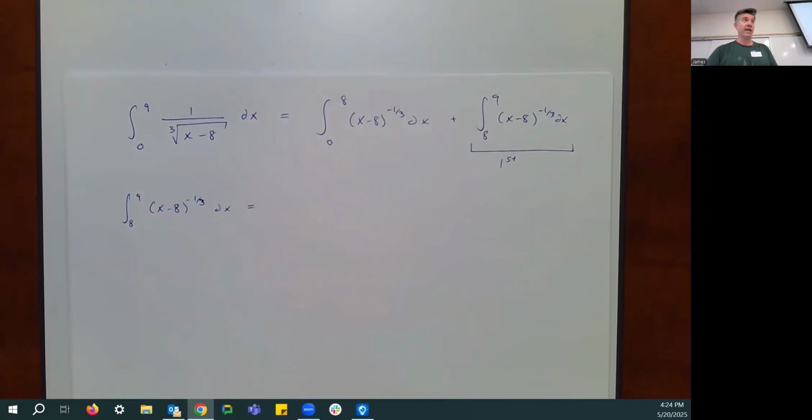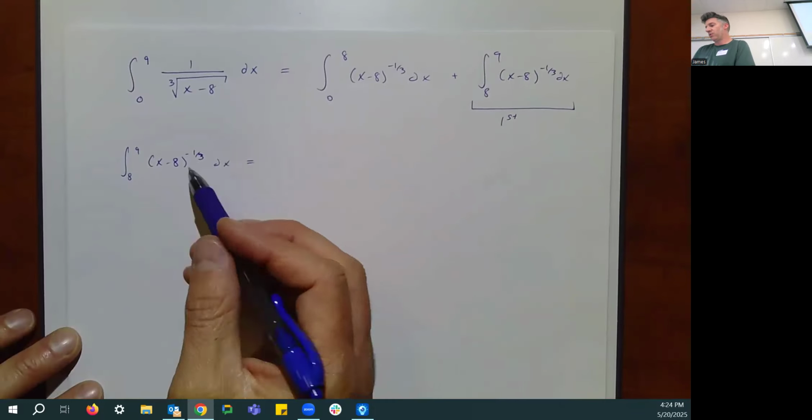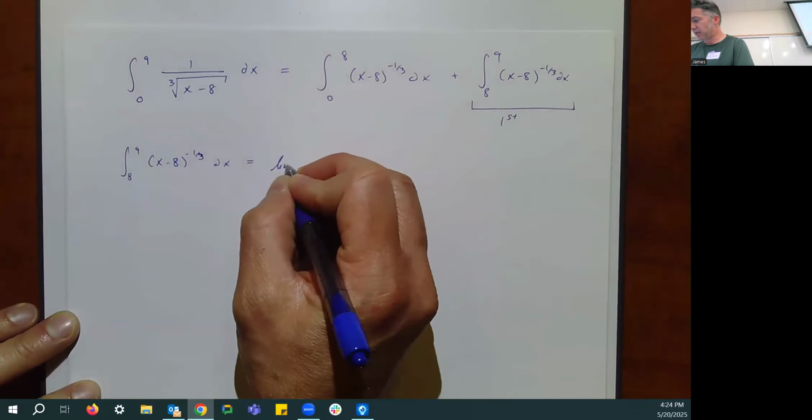It is undefined at 8. 8 minus 8 is 0, and 0 to a negative power is like dividing by 0. So sometimes in your solution you might think you have 0 to a thing that's fine, but I'll remind you, 0 to a negative power is always a problem. It's always undefined. The nice thing here is, though, when we do this, it's going to end up being fine.